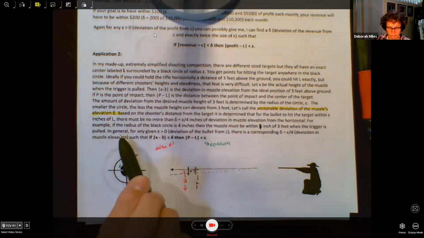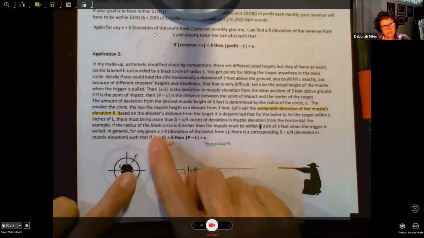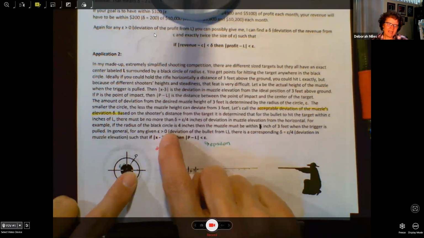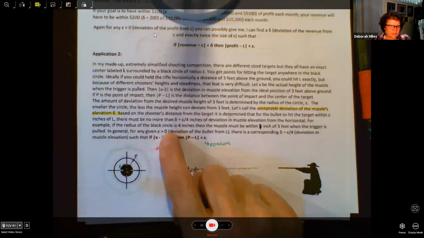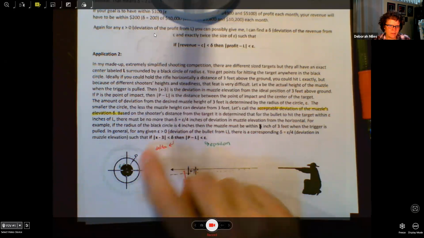In general, for any epsilon greater than 0, and it really doesn't make sense that you'd have a target with a 0 radius or a target with a negative radius.